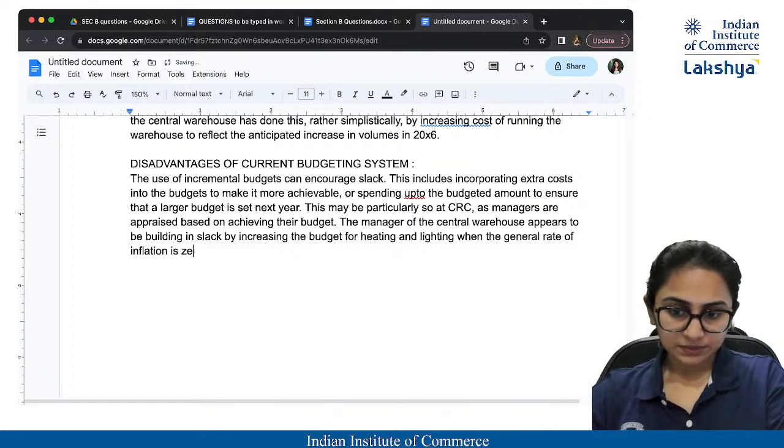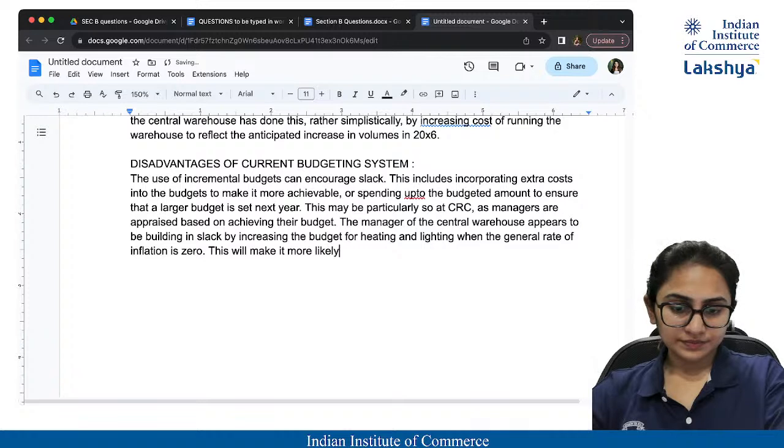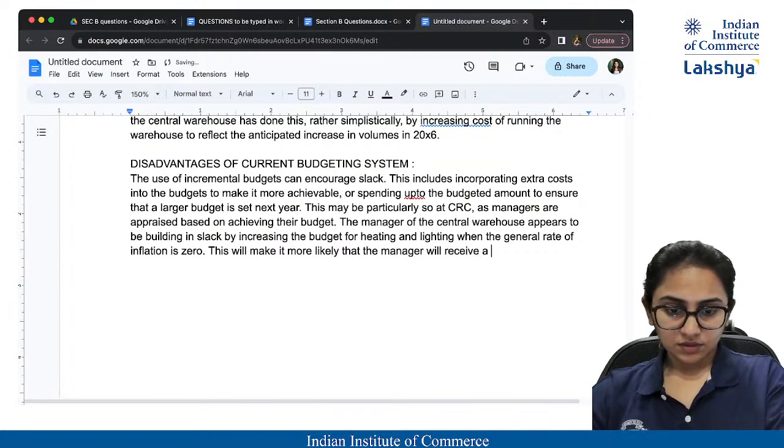So why are they simply increasing? This will make it more likely that the manager will receive a positive appraisal next year, as it will be easier to achieve the budget.